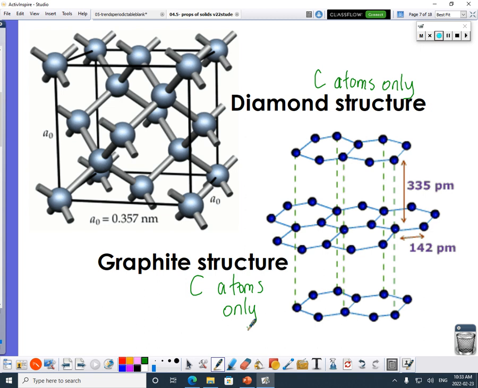So graphite is represented here, and it's got rings, okay, so hexagons, and they are also connected in sheets, but they don't have cross-links like diamond does. So diamond also has sort of a hexagonal structure, and it's kind of got sheets as well.